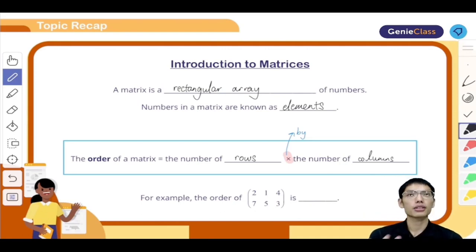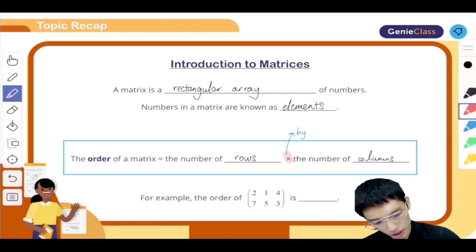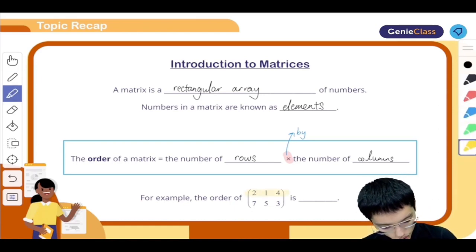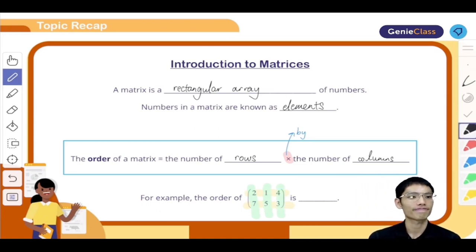So for this example, can anybody tell me what will be the order of this particular matrix? Take your time, write it down, think about it. There are 2 rows and 3 columns. What will be the order of this matrix? Does anybody want to give it a try?